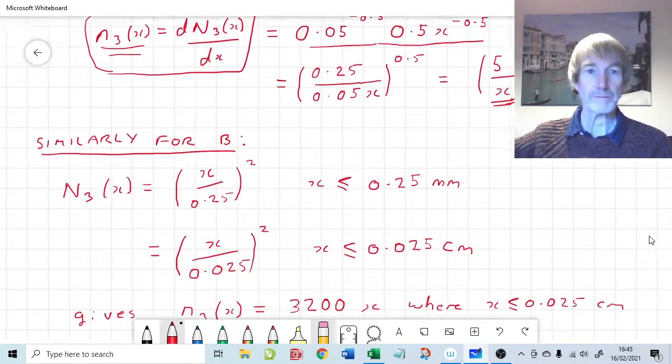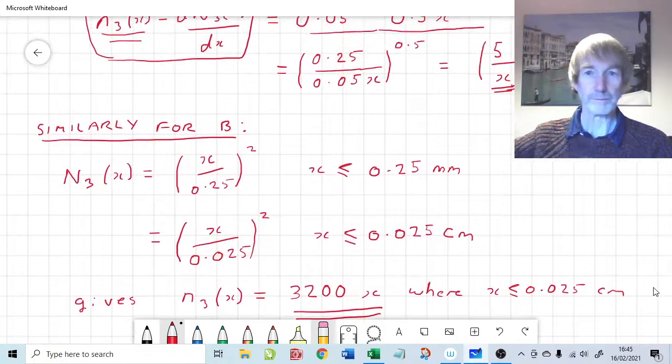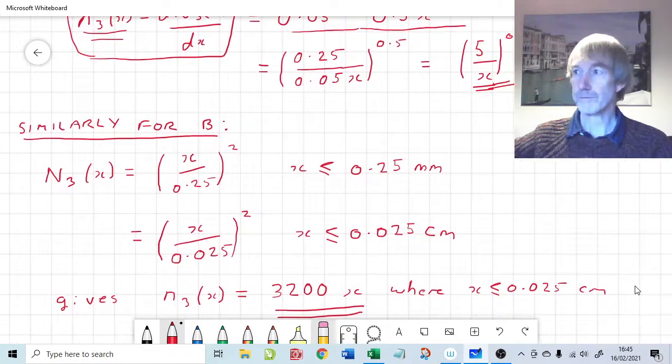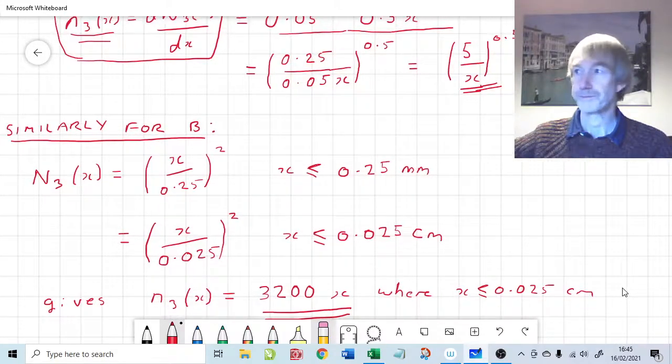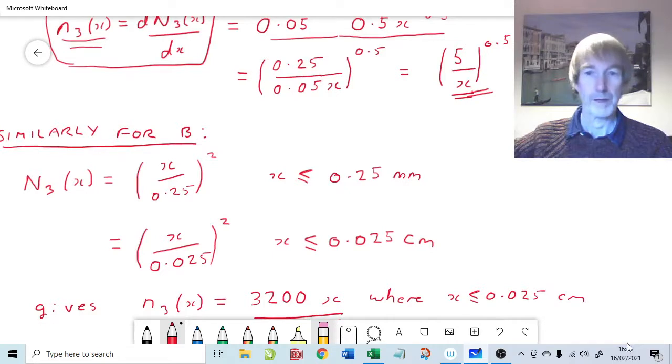Similarly for B then, again we start off with the cumulative function, which we first of all need to convert to being in the units of centimeters from millimeters.